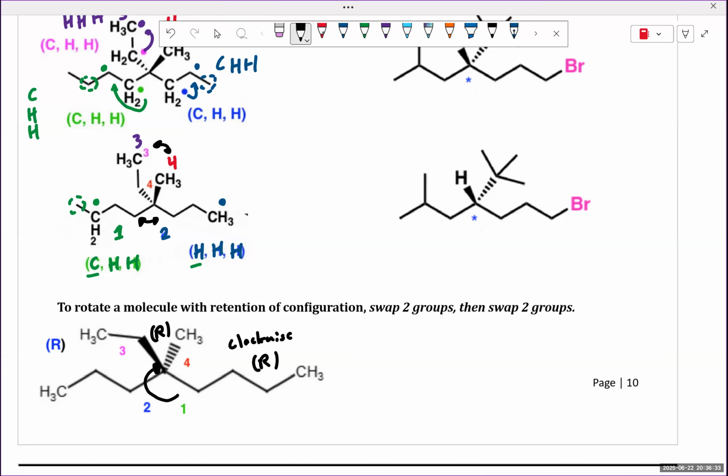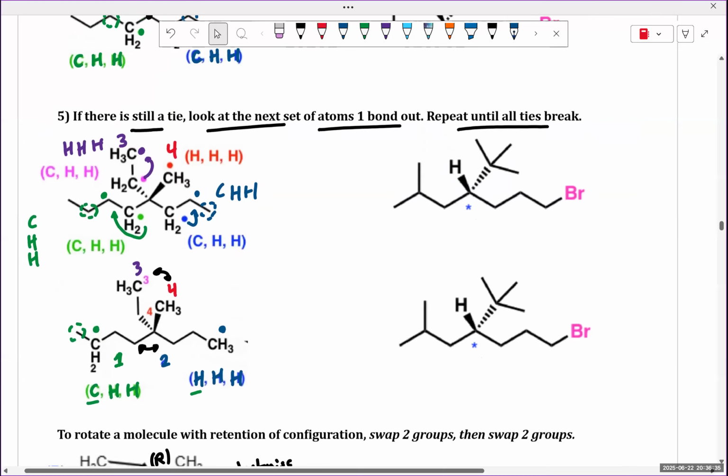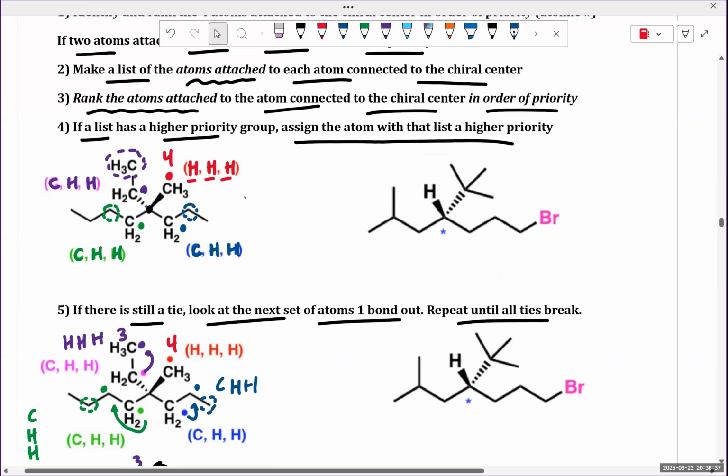Let's do another example from scratch. So taking a look at the following molecule, we have a chiral center. Now it's important that you go one atom at a time here. So you see we have carbon, carbon, carbon, and hydrogen. The hydrogen immediately is the lowest priority group.